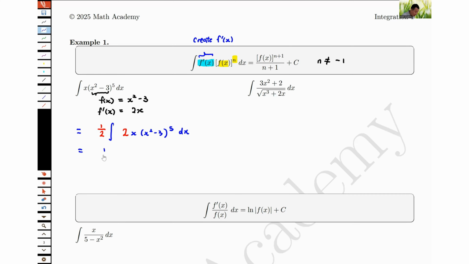Hence, leave the half there. When you integrate, the f prime will not appear as part of the answer. F prime will disappear. Hence, 2x will be completely gone. I will only be left with that x squared minus 3, power plus 1 divided by that new power, plus c.